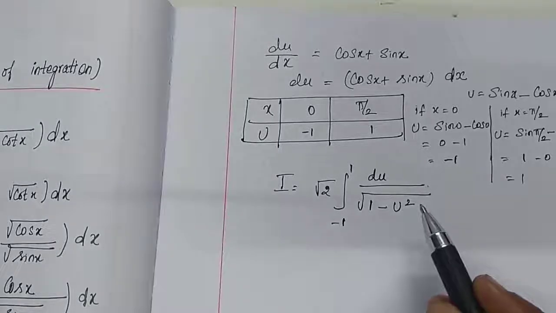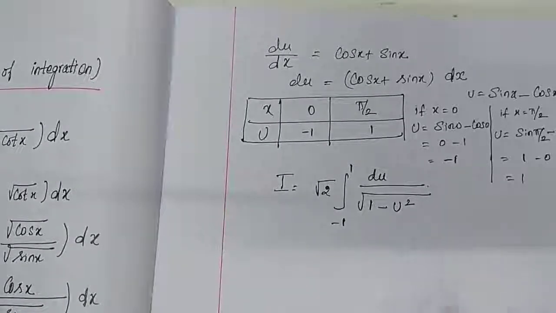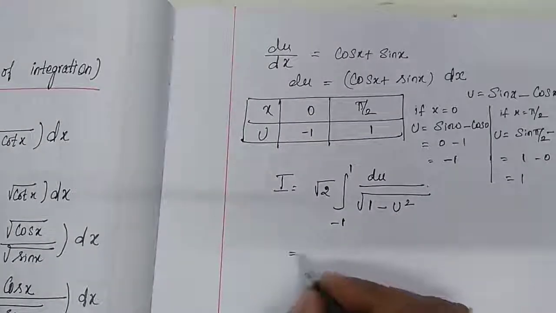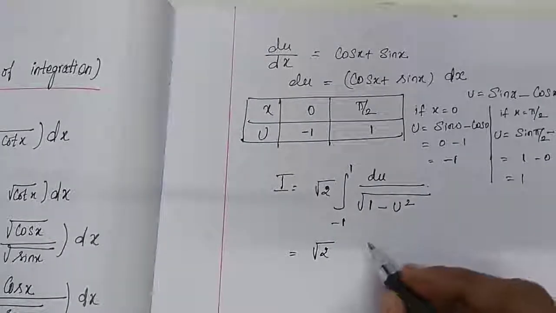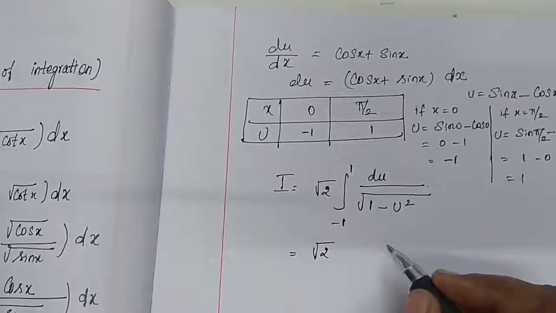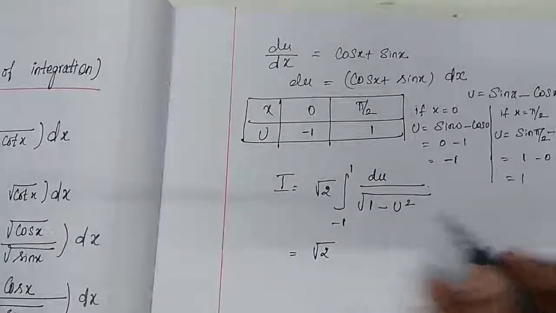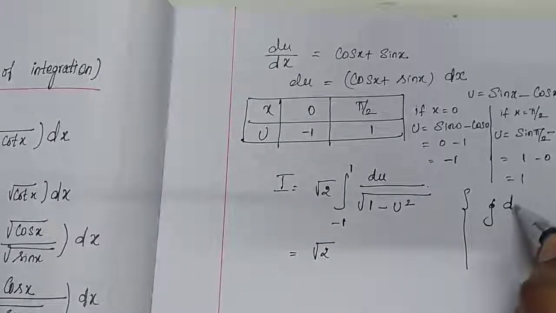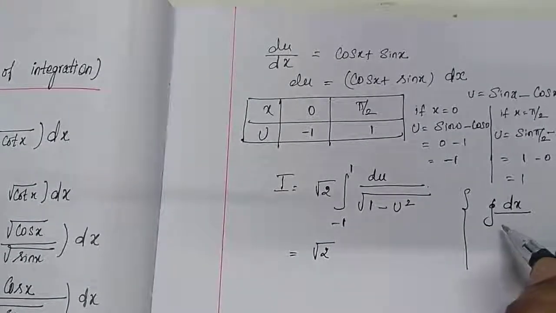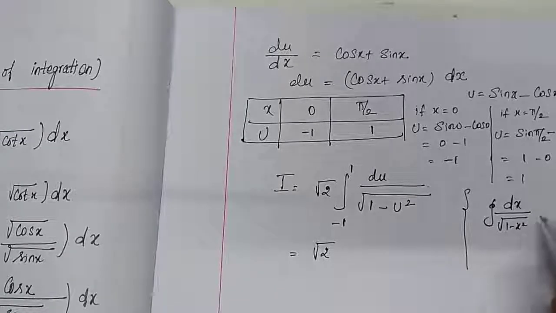Now apply the integral formula. This is equal to root 2. Our formula to remember is: the integral of dx by root of 1 minus x square is equal to sin inverse of x by a.